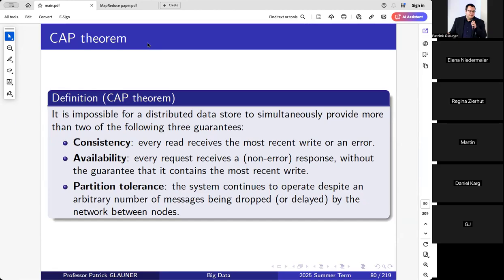So we want multiple nodes, so our social network is still usable in an acceptable amount of time. That would mean availability, that we can actually access and use this, and we don't need to wait forever. But now we make changes to the social network.